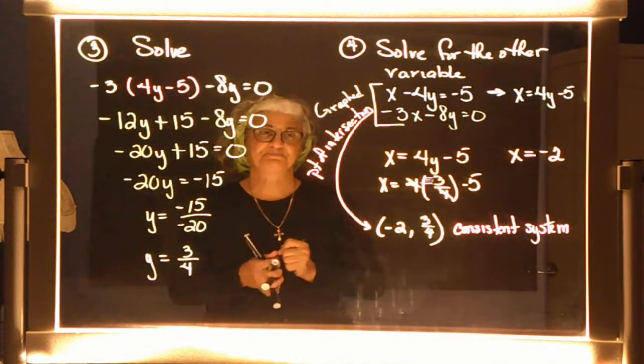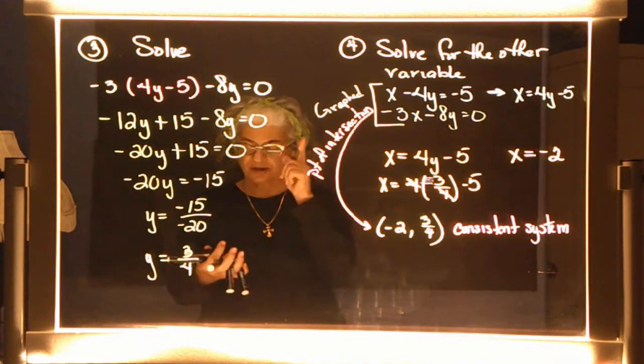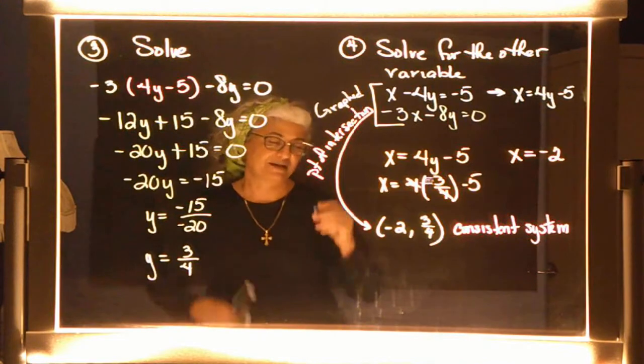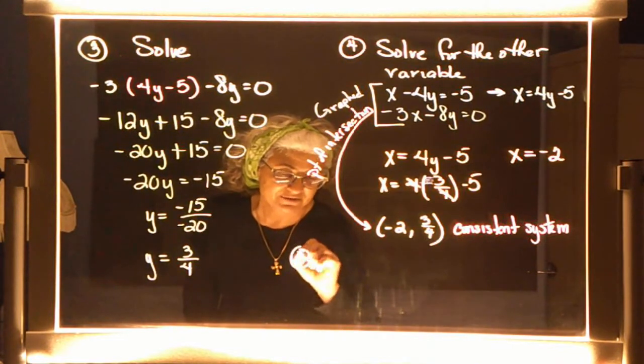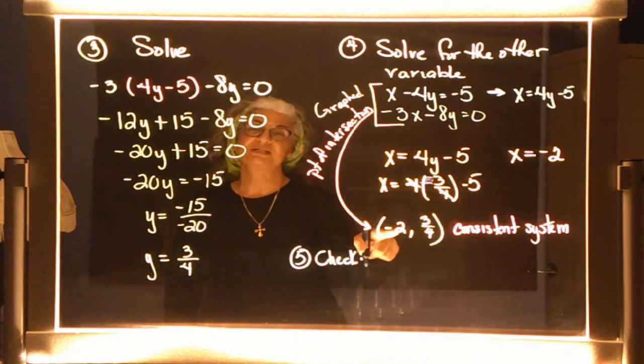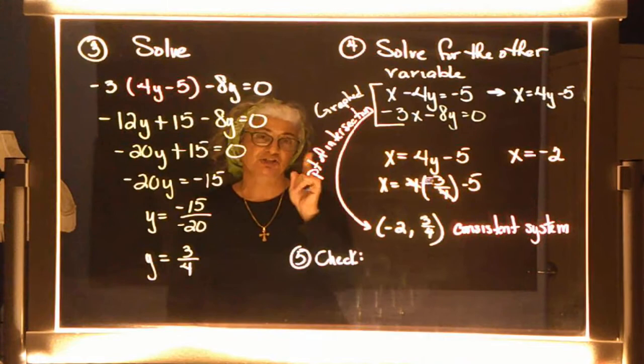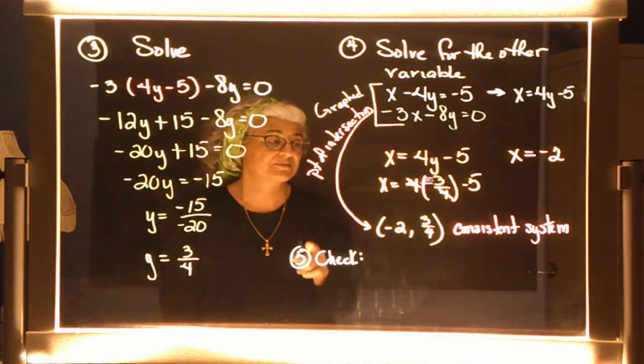All right. How are we doing? Does this make sense? Okay, one last step. Step 5 is the check step. You're going to take your solution and you're going to plug it into both equations to make sure that it works.